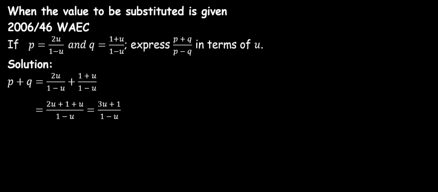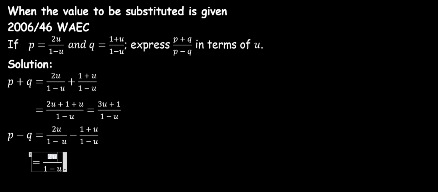P minus Q will be equal to our P, which is 2U divided by 1 minus U, minus our Q, which is 1 plus U divided by 1 minus U. Taking our LCM, the denominators are the same, so 1 minus U will be at the denominator.